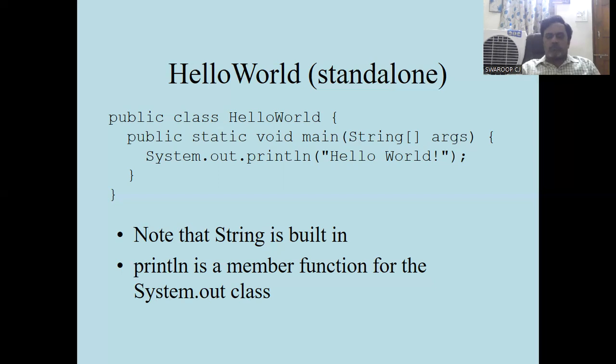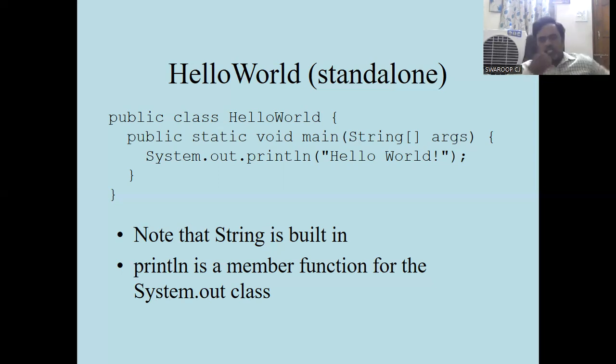For example, integer, float, character, double, long. These are all called the primitive data types. And what are the non-primitive data types? Any data type that is created by the users. Examples: arrays, lists, sets.